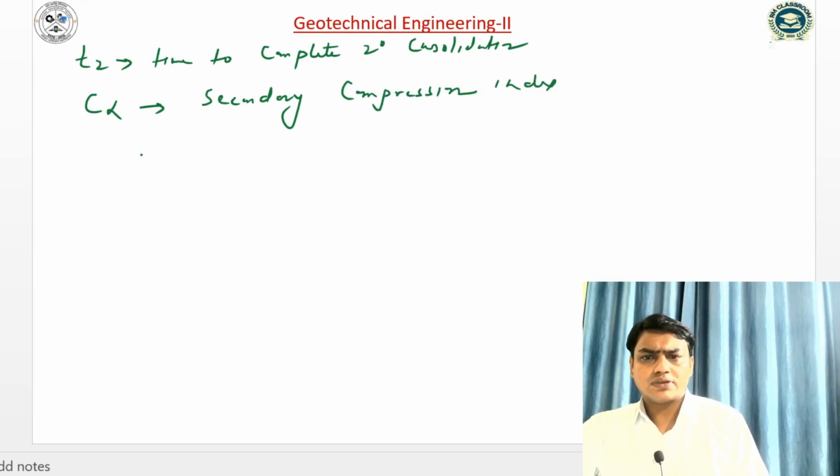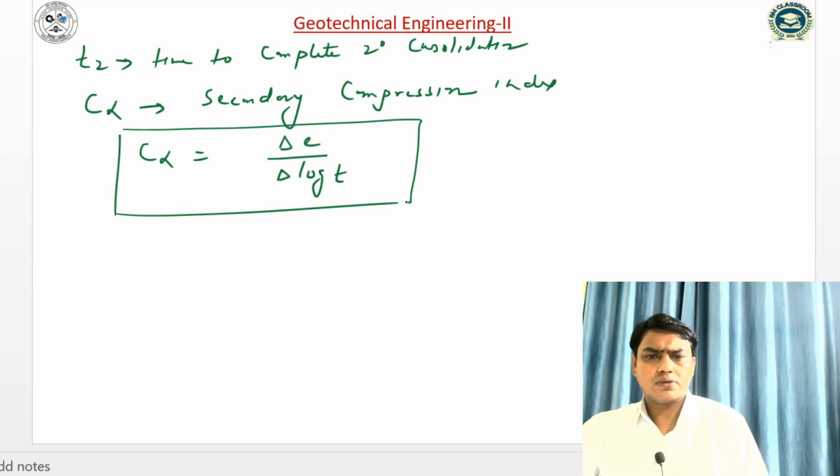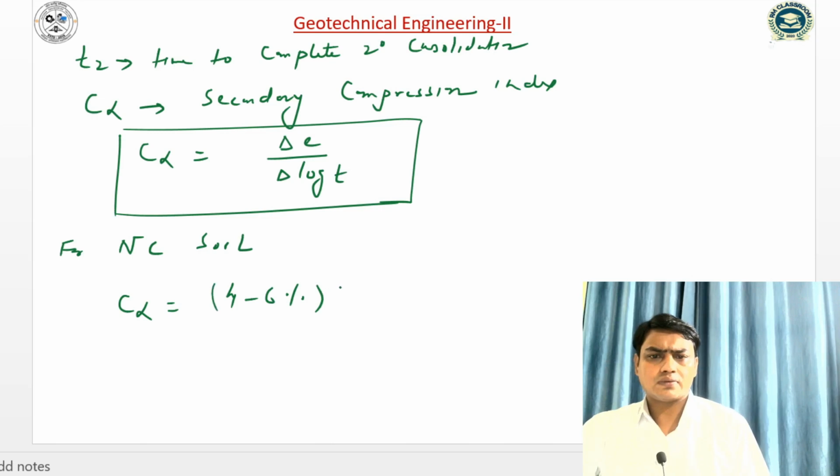index. C alpha can be computed as delta e divided by delta log t. And for normally consolidated soil, C alpha is 4 to 6% of Cc by 1 plus e naught.